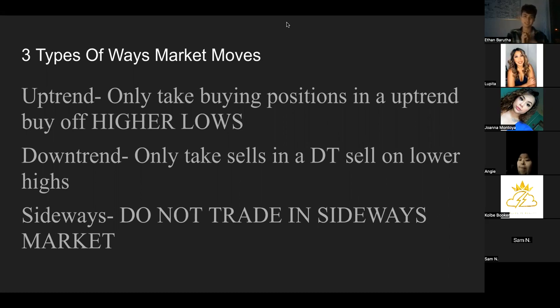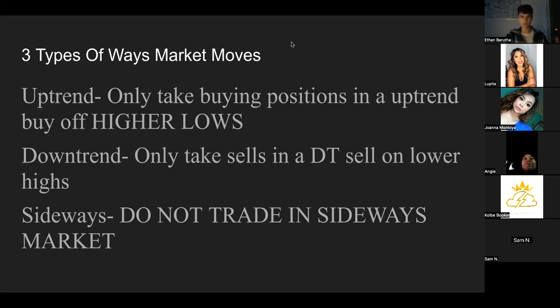The second way is a downtrend. Now in a downtrend, you only want to take sells on lower highs. That allows you to minimize your risk and basically give your reward that much more. We don't want to sell off lower lows. We don't want to do that, and I'll explain why.